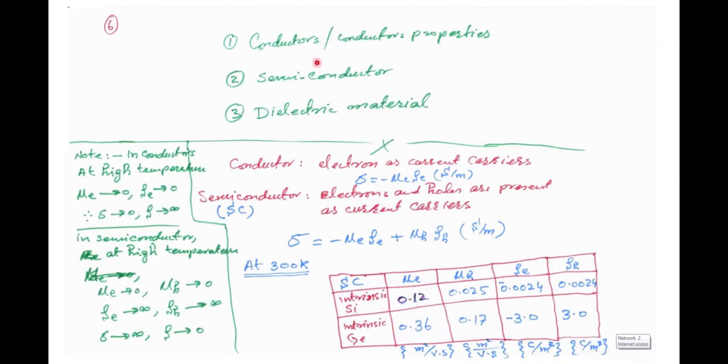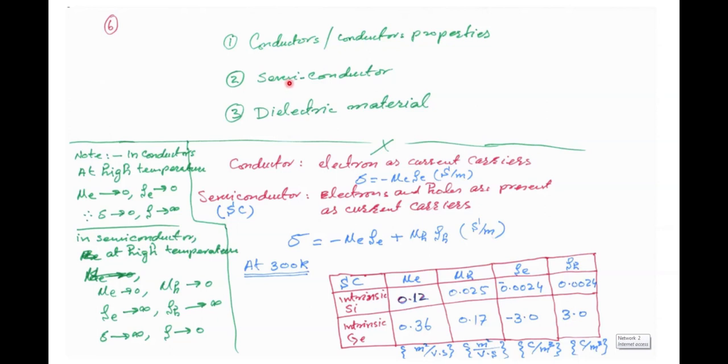So far we have discussed the conductor properties. In a conductor, the current carrier is the electron, but in a semiconductor the current carriers are holes and electrons.